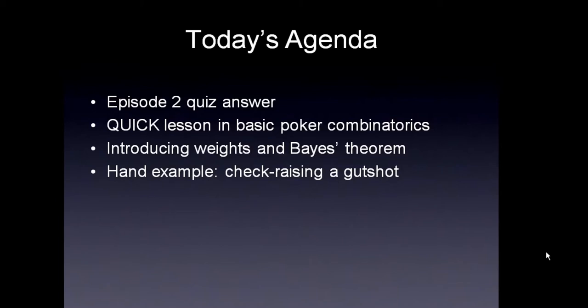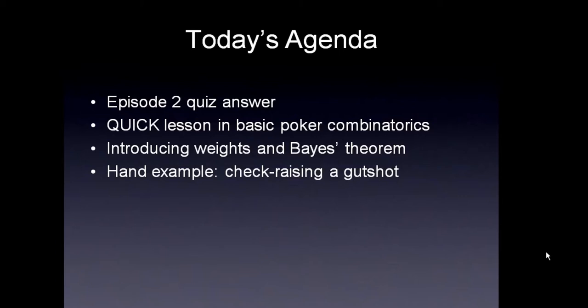What if villain is on the button instead of the hijack? What if the flop is 3 ways? What if we check raise 3 ways instead of 2 ways? And all those what if scenarios, and I'll show how to tweak our model so we can start adding in these scenarios and really learn about how much of a difference it would make. For example, hijack versus button, him opening from the button versus the hijack.